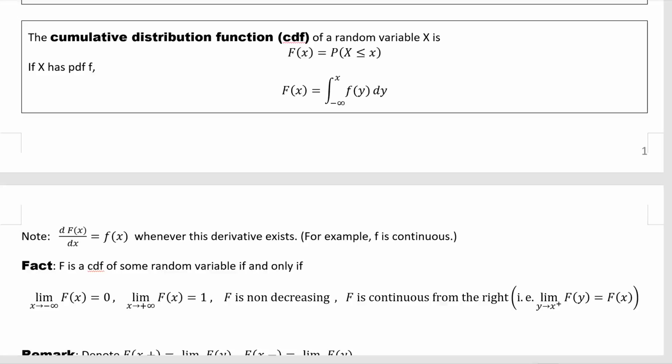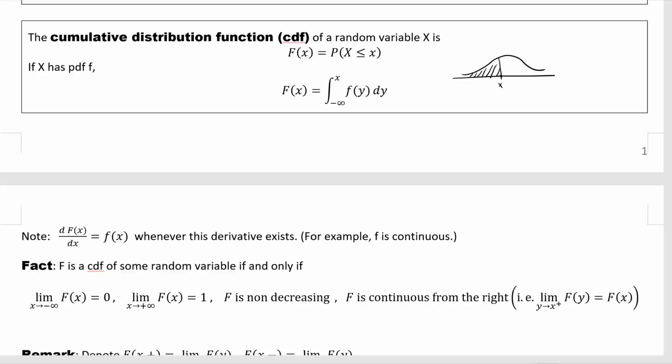We still use capital F(x), that's the probability that X is less than or equal to small x. If X has a PDF, then it equals the integral. Because now if X is here, you want to find the probability of X less than or equal to the small x.